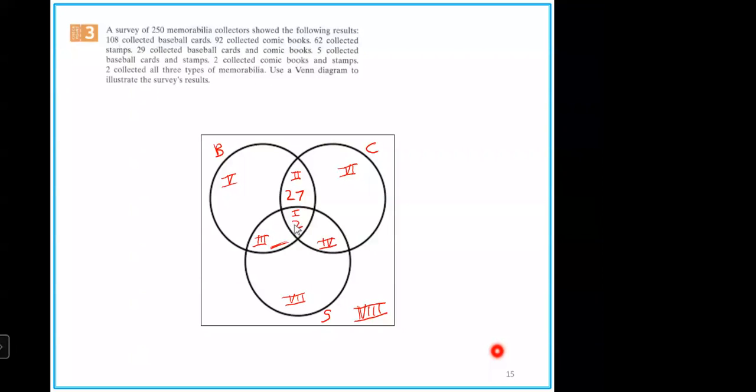So we already have 2 in the middle, but we need to find out how much more needs to go right in this section. That'll be 5. But, well, the total is 5. The total is 5. 3. Because it says, right, so you just need 3 more to complete that, right?